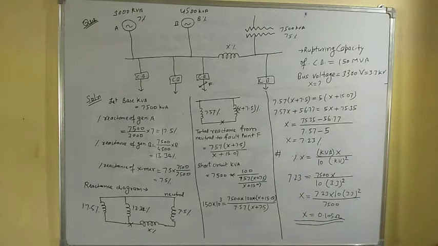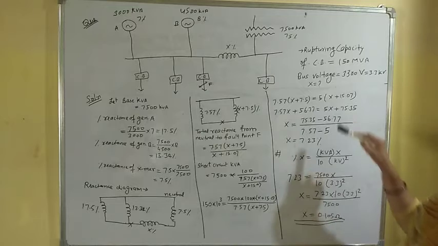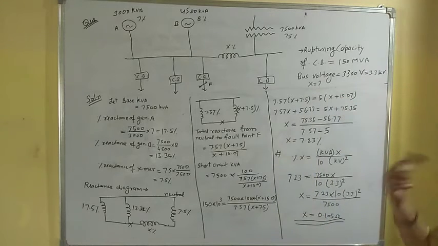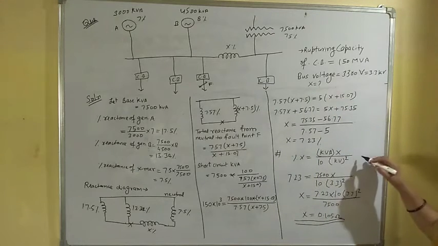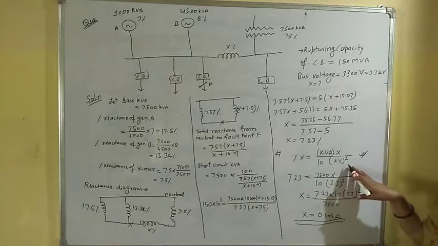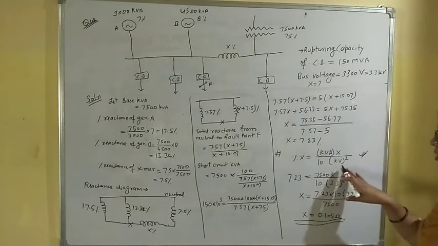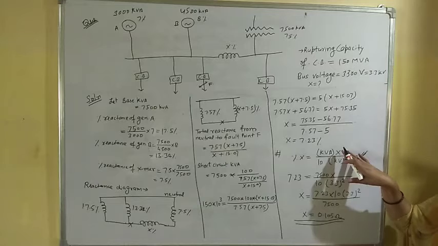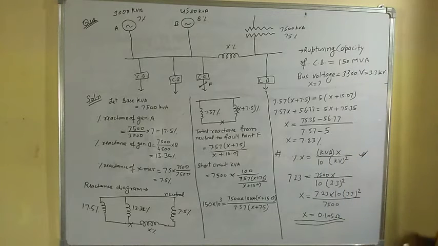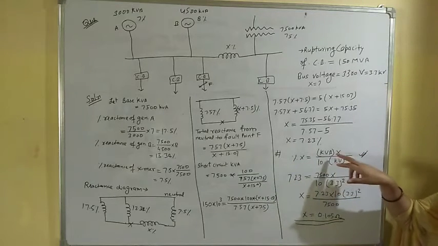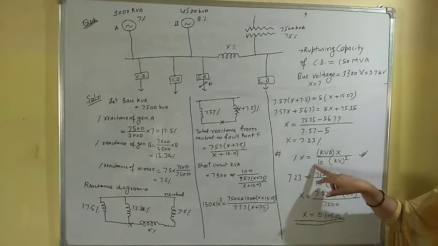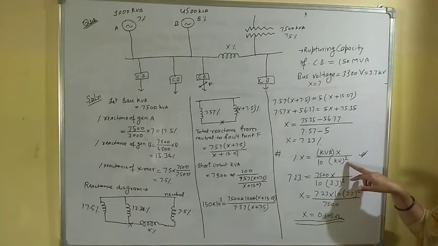Then we have to calculate not the percentage value but the value in ohms. This is the second formula: percentage of X equals kVA into X upon 10 into kV whole square.